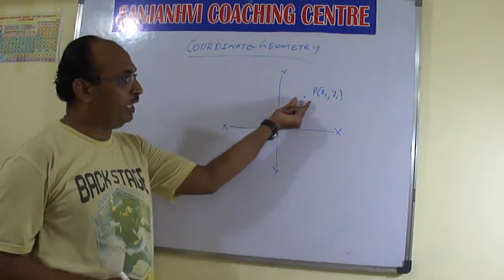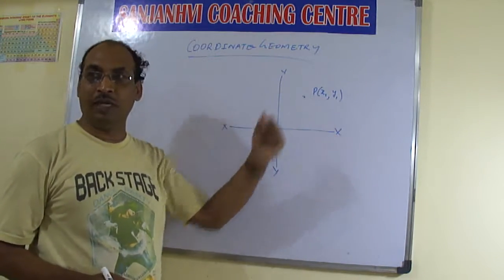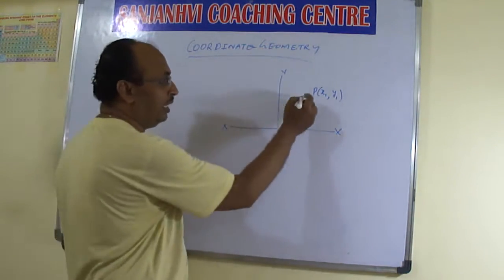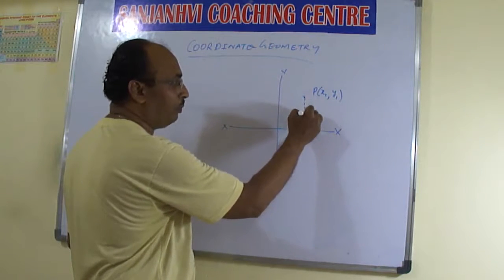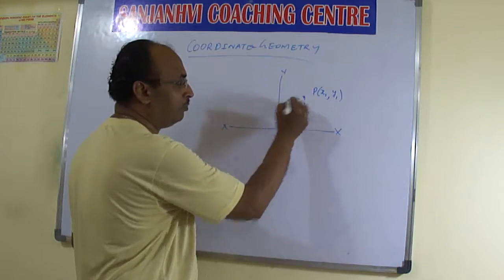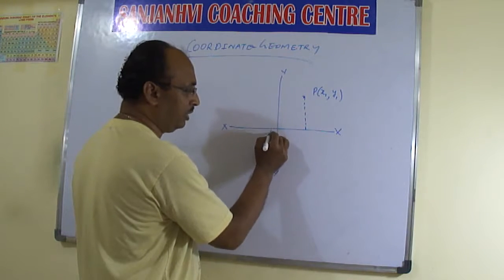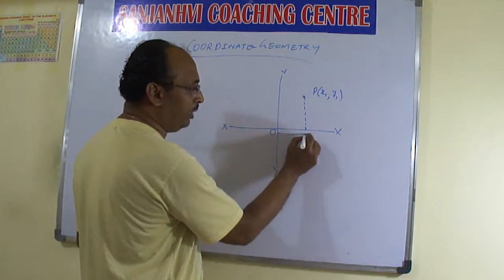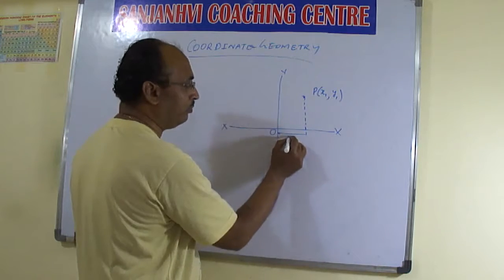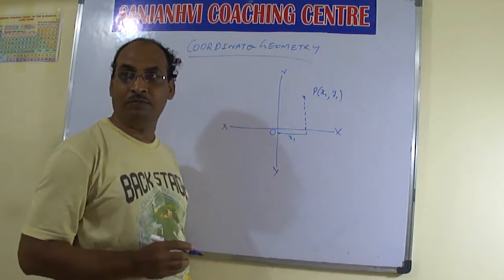Correct? Suppose this point P is representing x1 and y1. It shows clearly that when you are drawing a perpendicular from this point P. Okay, so this is origin. So from here to here it is x1. This distance is x1.